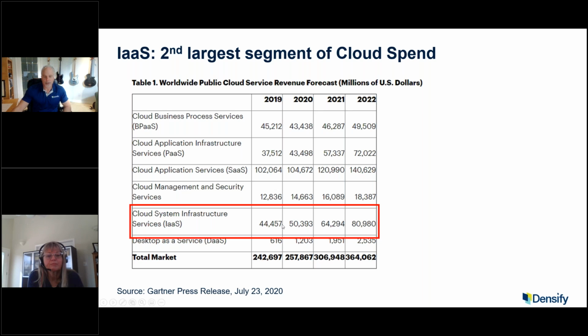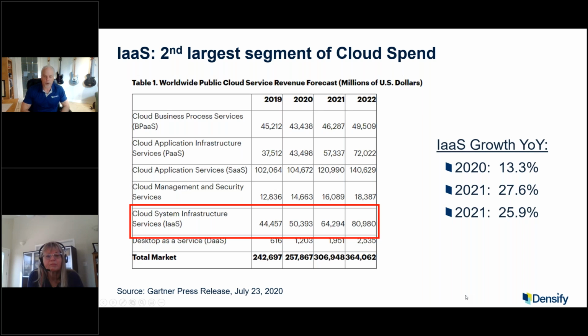So the infrastructure as a service, and you can see from a growth perspective, 2020 to 2021, growth of over 25%, approaching 28% in 2021, estimated to be around 26% next year. That should say 2022. That's a nice typo, missed that one. But anyhow, it's growing, and it's not getting any smaller. It's the second largest area of impact. And so let's just focus on that, because if you can actually impact savings in this area, then there's some significant savings to be had.